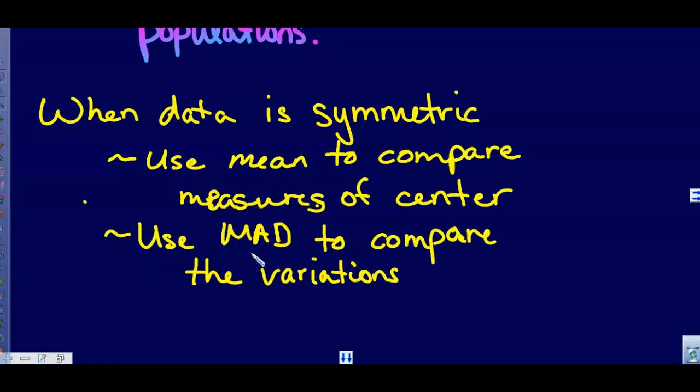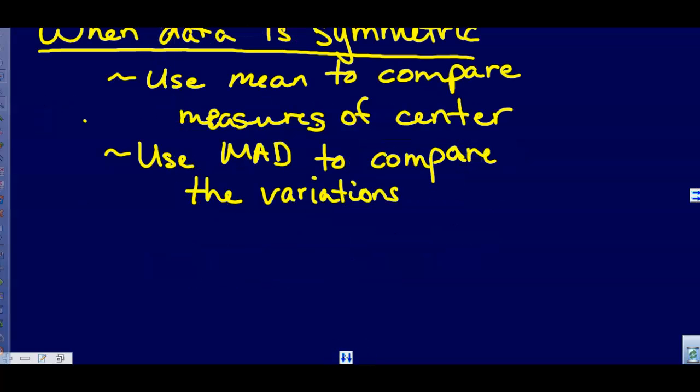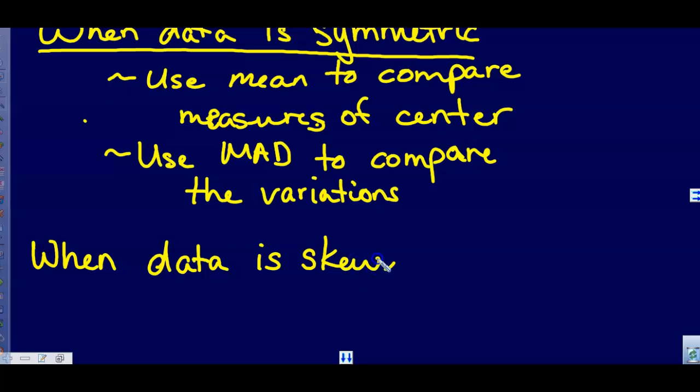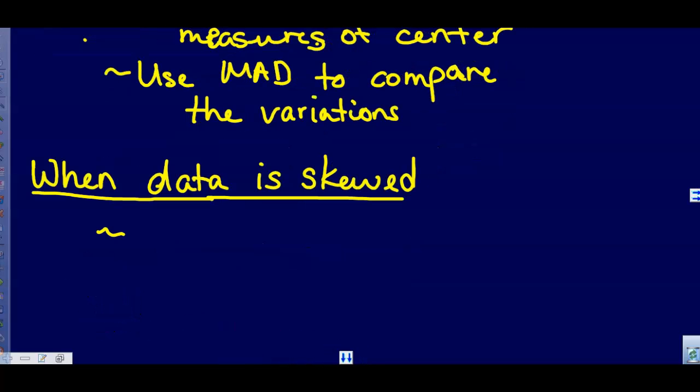So we're taking two different populations, and when that data is symmetric, we'll use the mean to compare their measures of center and the MAD to compare their measures of variation. When the data is skewed, whether it be one of the populations or both of the populations, it doesn't matter, it can be skewed to the left or skewed to the right, but it's skewed some way. Okay.